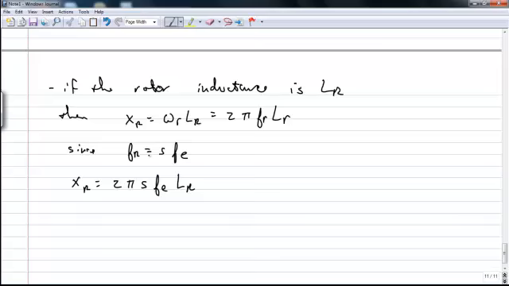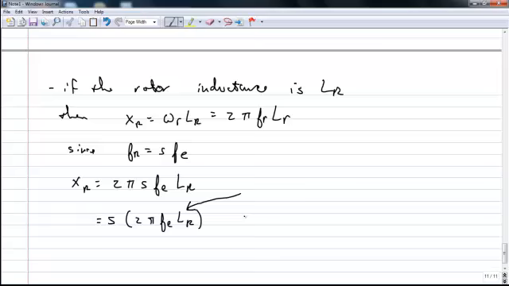And this is equal to s, just rearranging the terms here, times the quantity 2 pi f sub e L sub r. And if we look at this term in the parentheses, this would be the reactance of the rotor when the rotor isn't turning, the blocked rotor reactance.